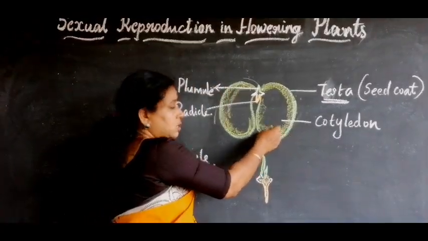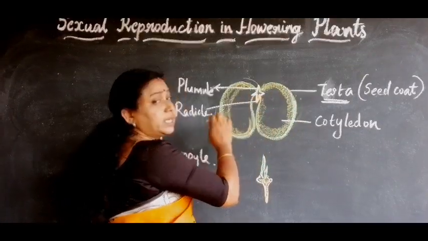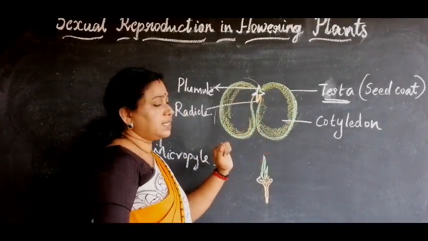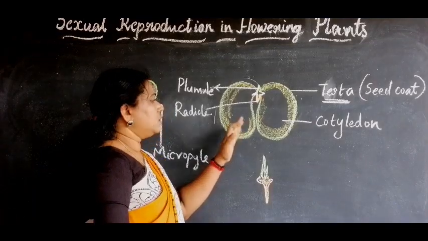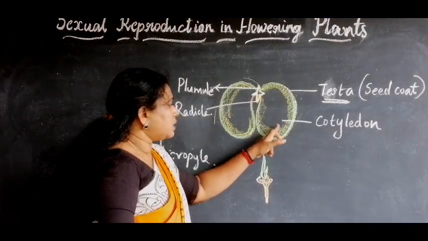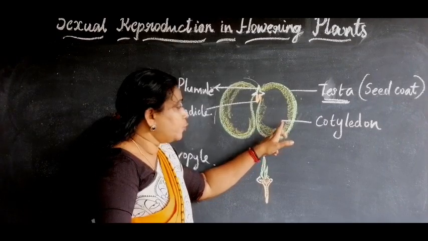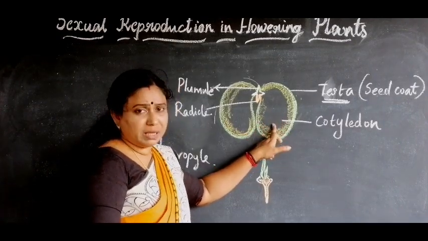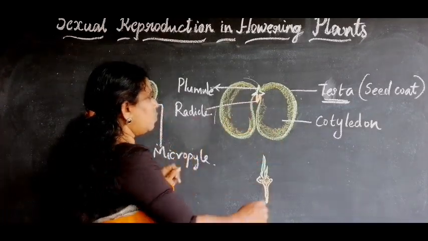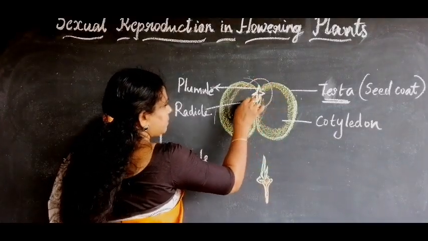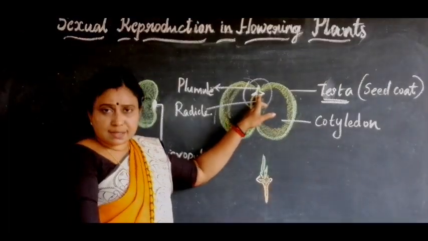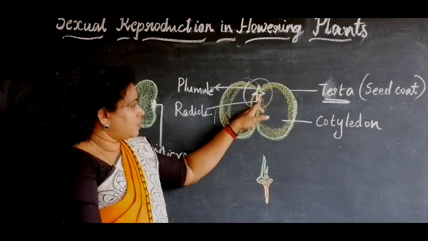Inner to the seed coat, there are two cotyledons. In some seeds, one cotyledon will be there, and in some seeds, two cotyledons. These cotyledons provide the food or nourishment for the seed while it is germinating. Here you can see the embryo. There is an embryo axis that contains two tips.